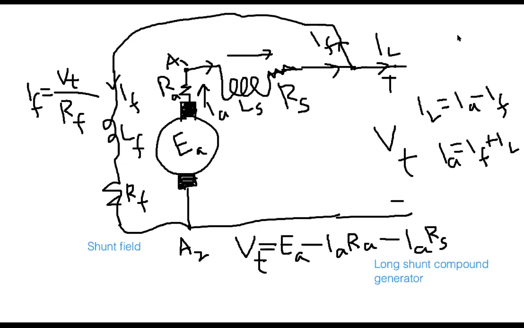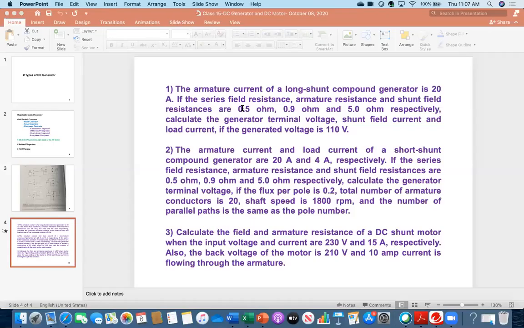Then if you are done, I am taking you to that problem, provided that you wrote down all those equations. So now you all please see. Now everybody read the problem and solve it. Armature current of the long shunt generator is 20 ampere. This means the IA value, armature current value, is given as 20.